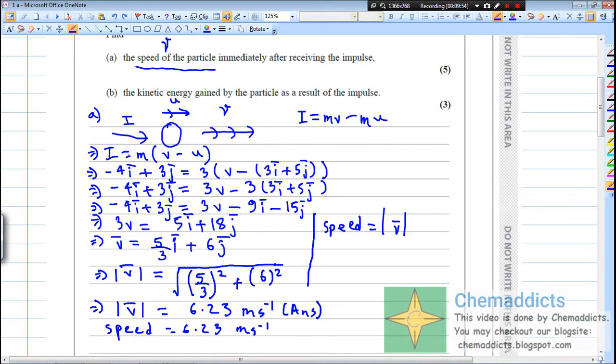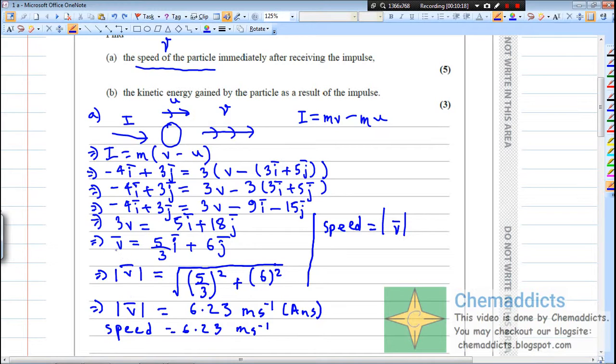Let us summarize this once again. So we have basically used this equation, and from here we have found out the final velocity, which is the vector quantity over here. Then if we find the magnitude of this velocity, we are able to find the speed of that particle.